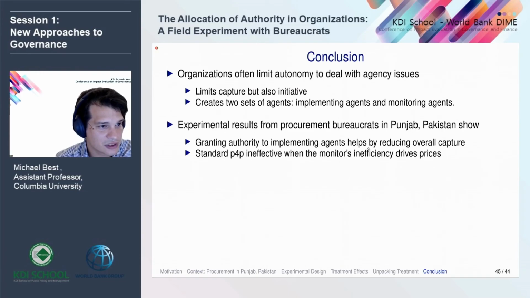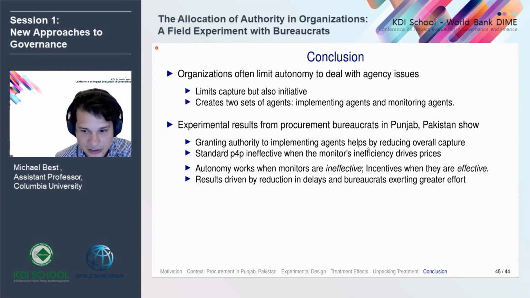So working with the government of Punjab in Pakistan, we showed that giving more authority to the agents who are actually in charge of implementing public service delivery can help by reducing overall capture. But that on average, at least in our setting, a standard pay for performance scheme doesn't affect performance.